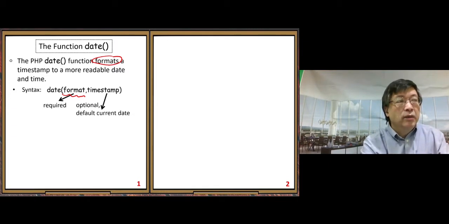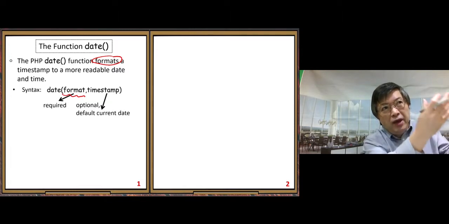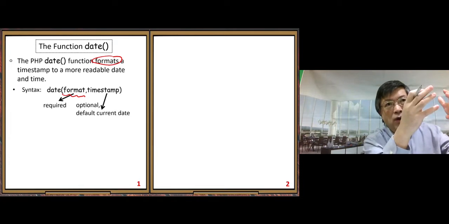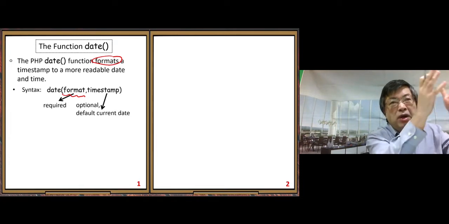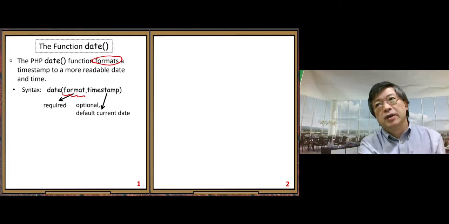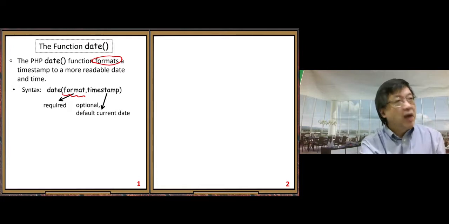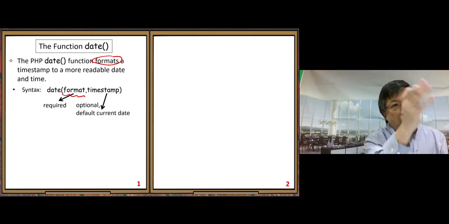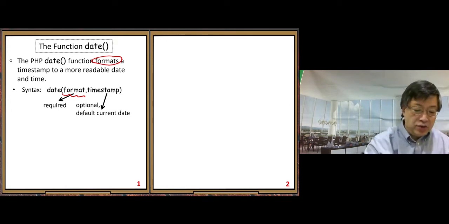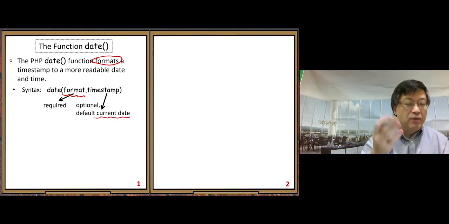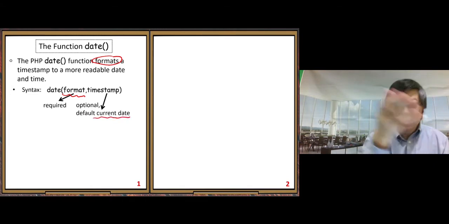It is only used when you want to display date information for some given time, so not the current time. For the current time, you do not need the second parameter. If the second parameter is missing, you just get the current date and time, including the time.